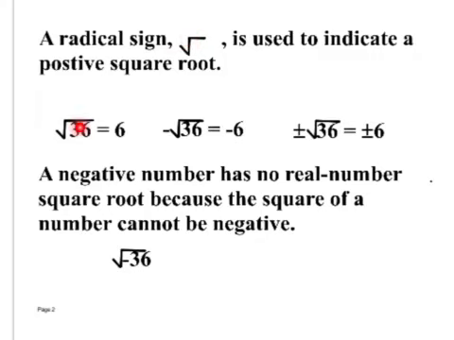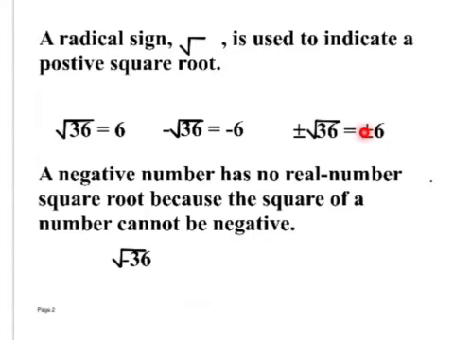So the square root of 36 is 6. The negative square root of 36 is negative 6. Now this is plus or minus, meaning it could be positive, it could be negative. The square root of 36 is positive or negative 6. Let me show you why. What is 6 times 6?